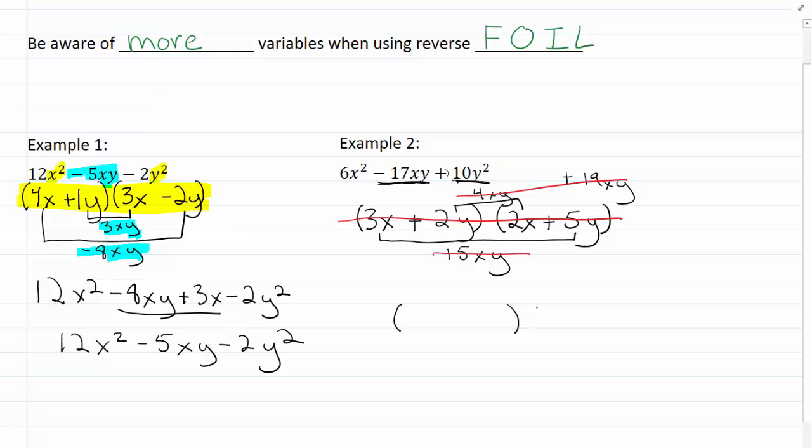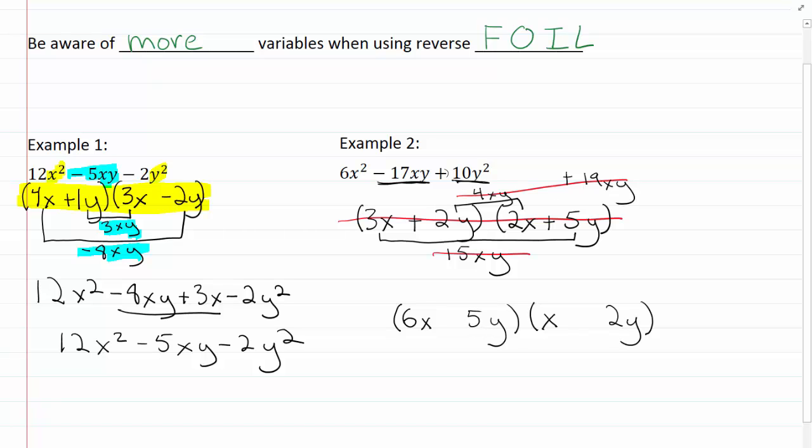Okay. So down here we're going to have our parentheses. This time let's try 6x times x. So that would also multiply together to give us 6x squared. And then let's also try 5y and 2y. That would give us this 10 right here.